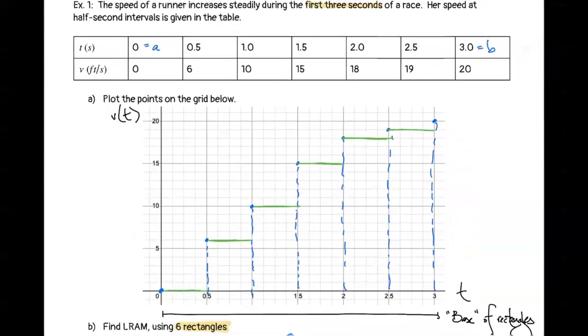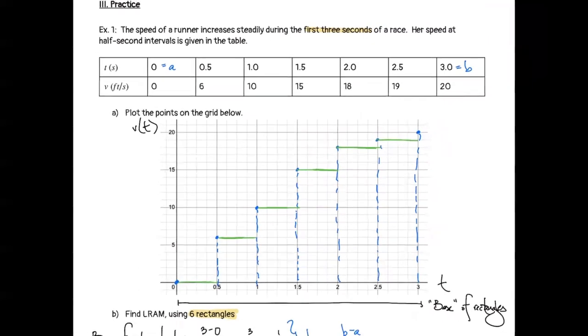Let's see those values again: 0, then 6, then 10, then 15, then 18, then 19. We did not say 20. So one pattern that might be useful is, if we have a table and we're trying to find the left approximation, we use all of the y values except for the last one.